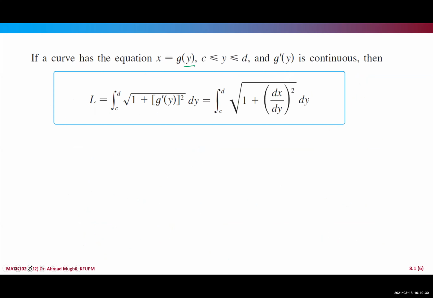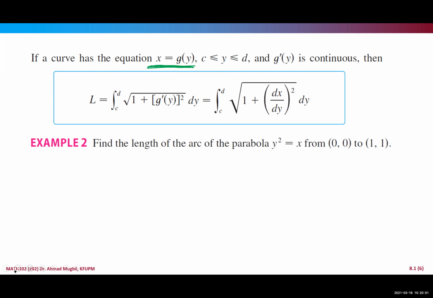So if we have x as a function of y, and it is easier to solve for x, and you know y from where to where, then you can apply this integral, of course, provided that the first derivative is continuous. So now the integral of the square root of 1 plus g prime all squared will be equal to the same. Whether you use that method or this method, you integrate with respect to y or with respect to x, it must be the same length.